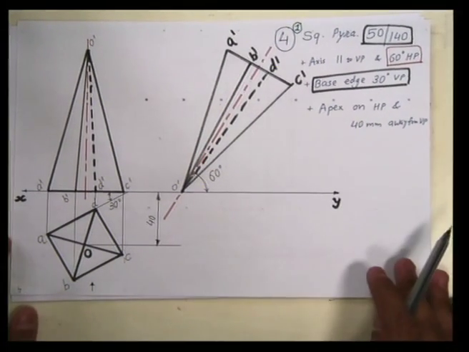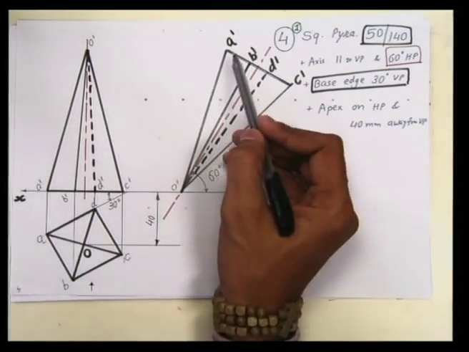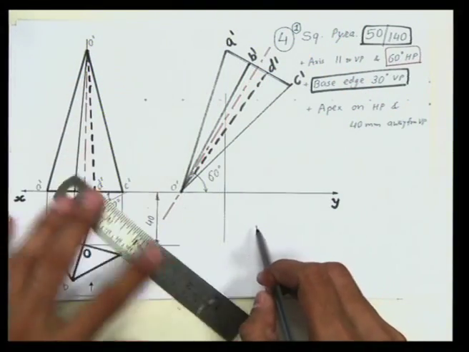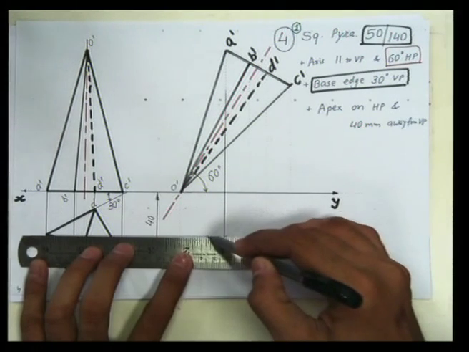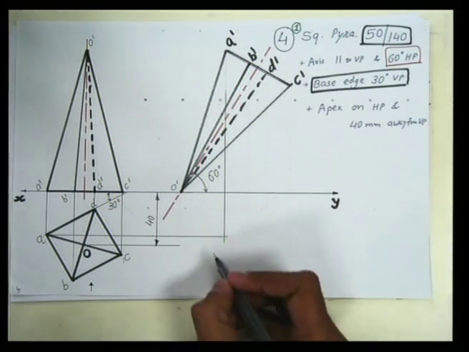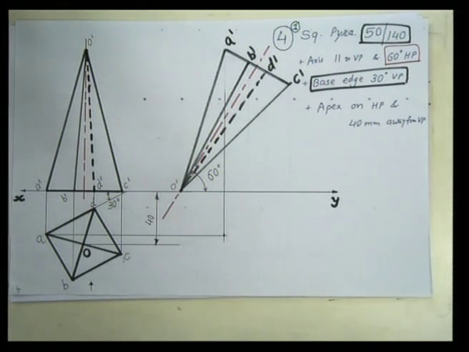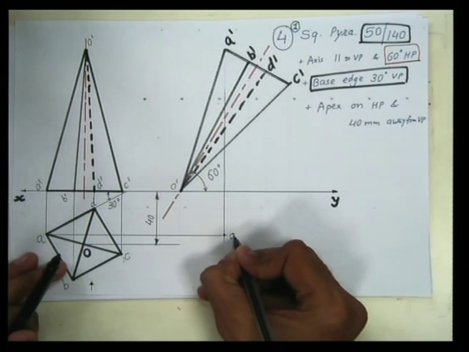Now to find out the position of point A, let me take projections from A dash. A vertical line from point A dash would be like this, and a horizontal line from point A would be like this, and both these lines will meet at one point, somewhere here. We name that point A1, since as it's a top view, the dash mark should not be there.